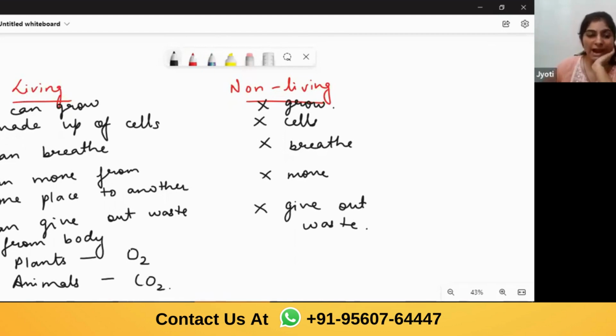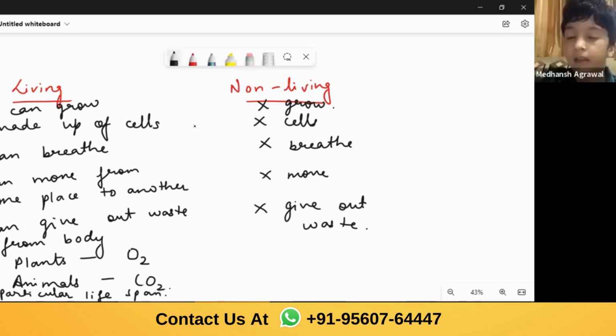One more point: living things have a particular lifespan. What do you understand by a particular lifespan? Some animals live for years, some for months.